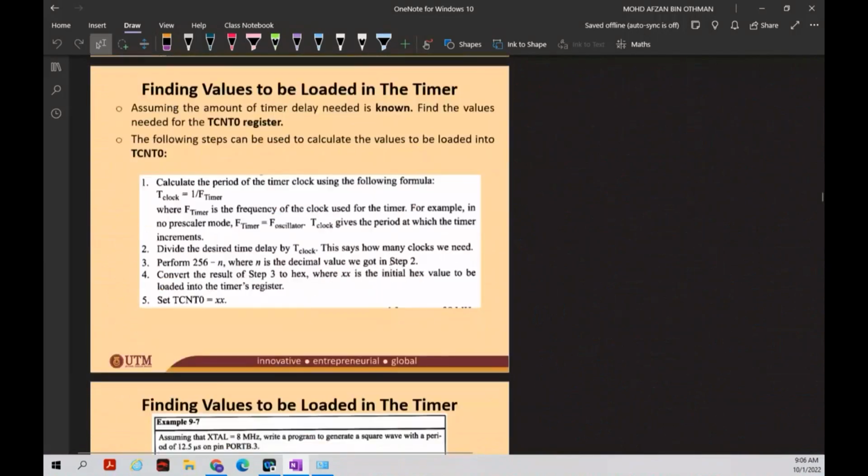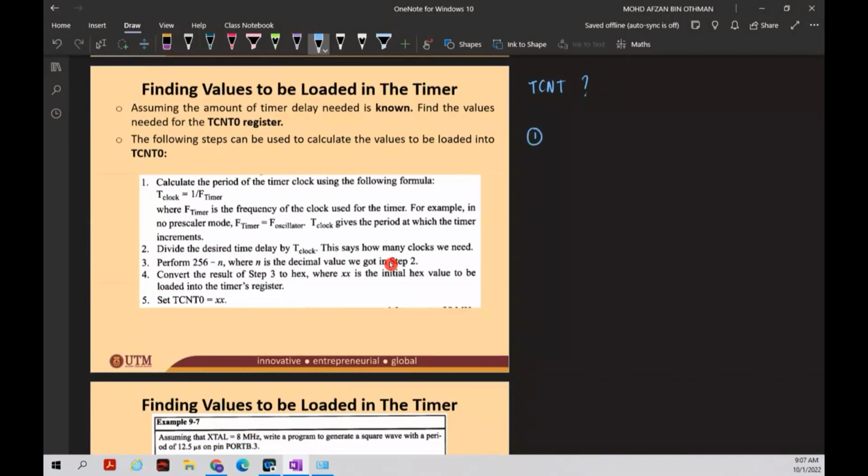This is how you find out the value to be loaded in the timer, which is your TCNT value. We already know that; I already gave it to you in the last class. There are three equations that you need to remember.